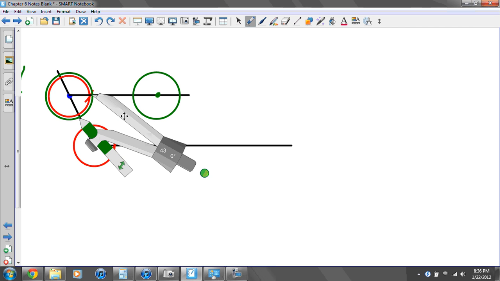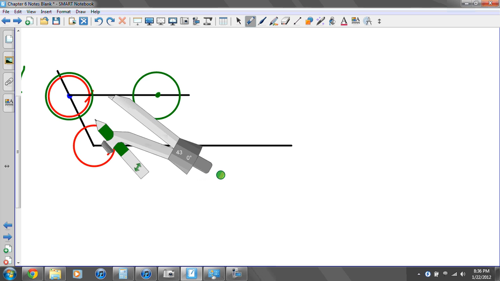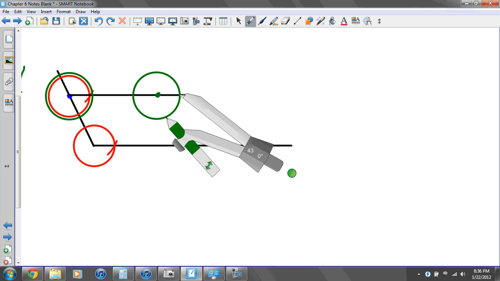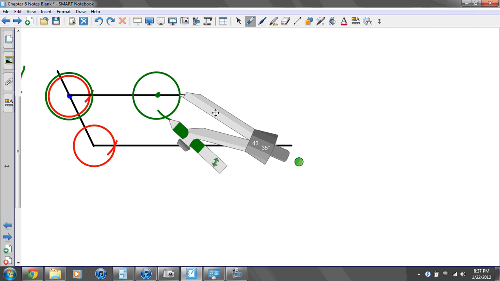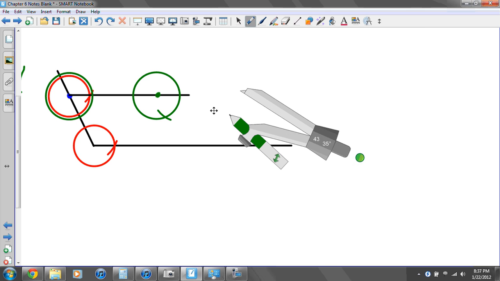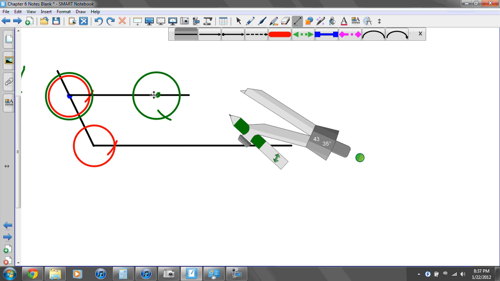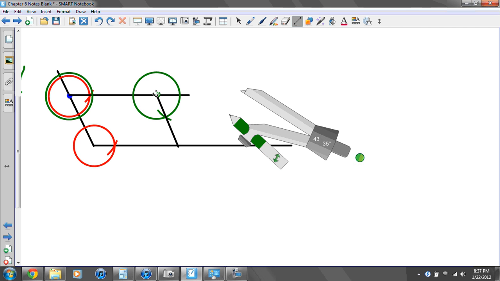So I think that's about right. Okay, I'm going to recreate that over here. Okay, so my lines are a little too wide, but that's the construction that you can do.